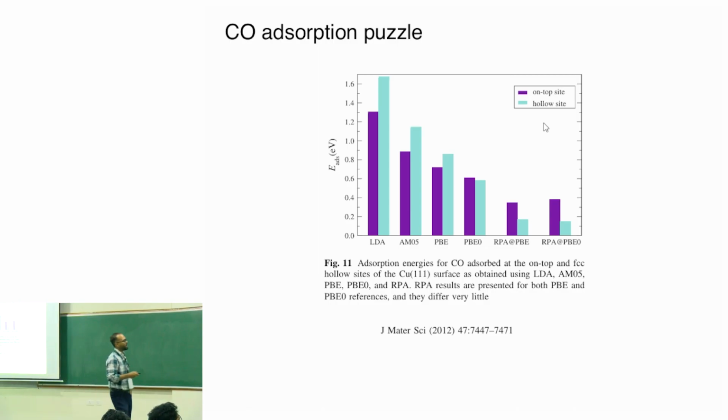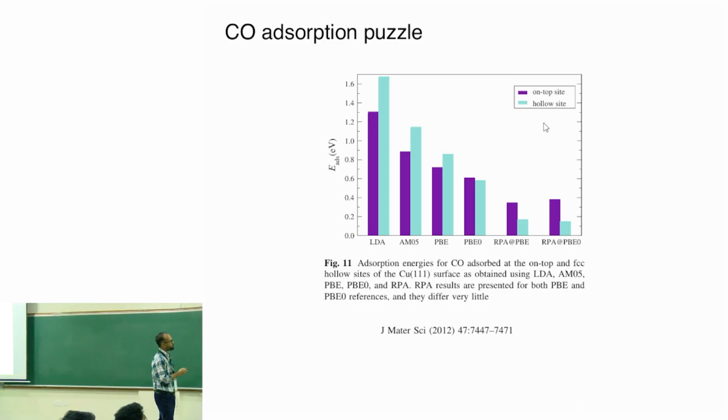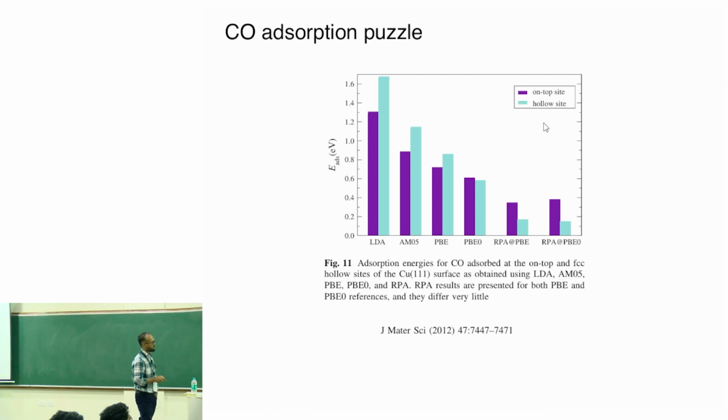And if you want to adsorb CO on, say, a metal surface like copper, you need to get the right electrostatics and the right dispersion interaction between CO and the metal surface. If I use commonly used functionals, they will all say that on a copper surface, the carbon monoxide molecule would adsorb on the hollow sites.